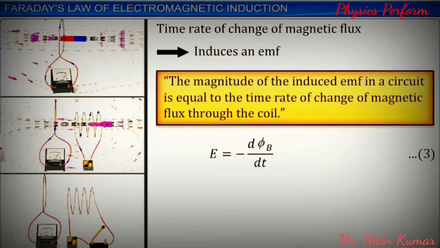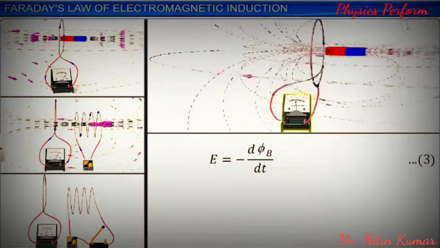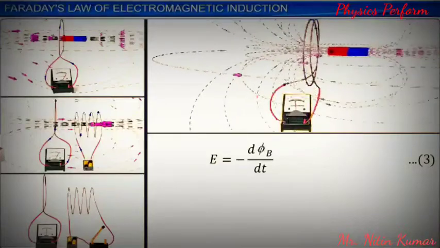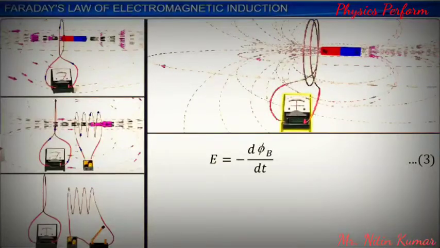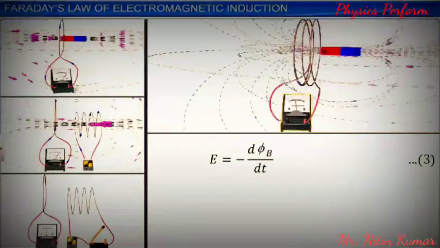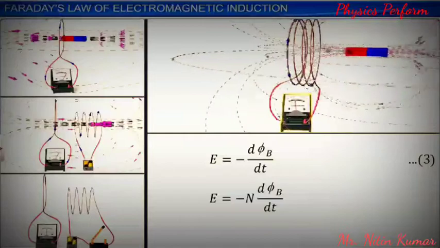In this equation, E is the induced EMF. The negative sign indicates the direction of EMF and hence the current in the closed loop. When n number of turns are closely wound to form the coil, the change of flux with time for each coil is the same, and we can write for the total induced EMF as E is equal to minus n into d phi b divided by dt.